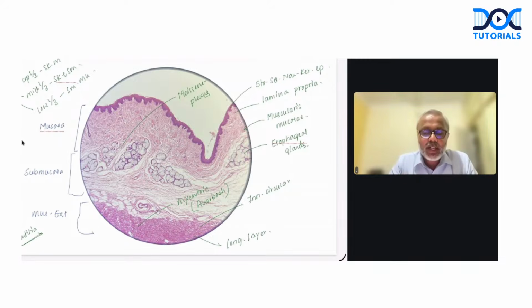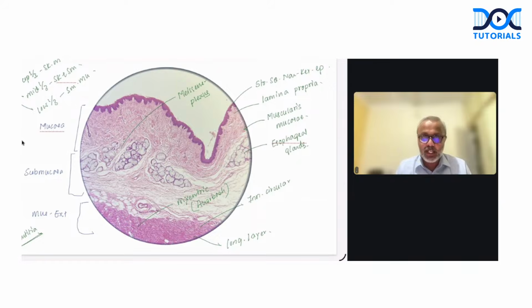Now remember, if you get this slide for your histology discussion, how will you go about answering this question? Fine. How do I answer? So go like this. So this is a slide of esophagus. I say this because I can see 4 layers of GIT from inside out arranged as mucosa, submucosa, muscularis externa and adventitia. The lining epithelium seems to be stratified squamous non-keratinized epithelium.